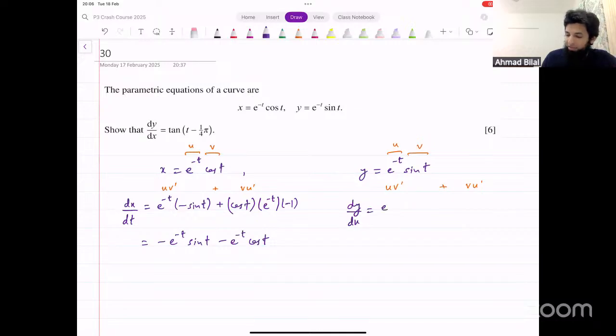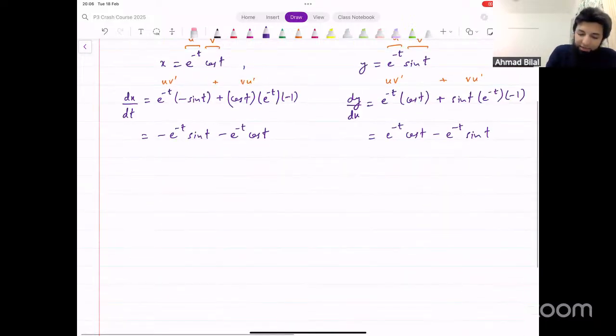Okay, u as it is, e power minus t as it is, into derivative of sine, that is cos t, plus sine t as it is, into derivative of e power minus t, which is e power minus t times minus 1. Let's simplify this now. It gives us e power minus t times cos of t minus e power minus t times sine of t.